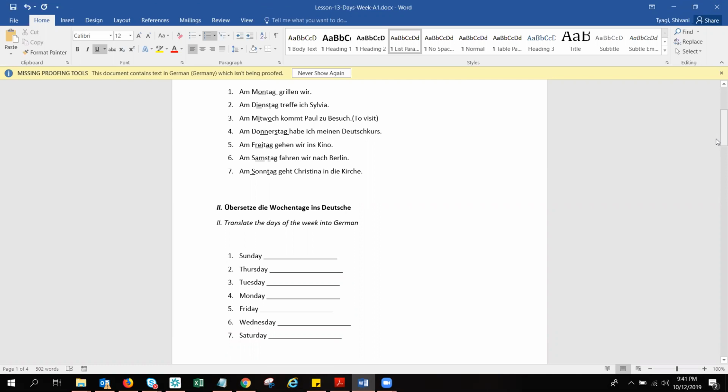If you're writing the weekday in first position, there should be the verb in the second position, and the most important thing is the verb should be conjugated according to the subject. Because if you don't keep the conjugation correct, the meaning of the sentence would change.